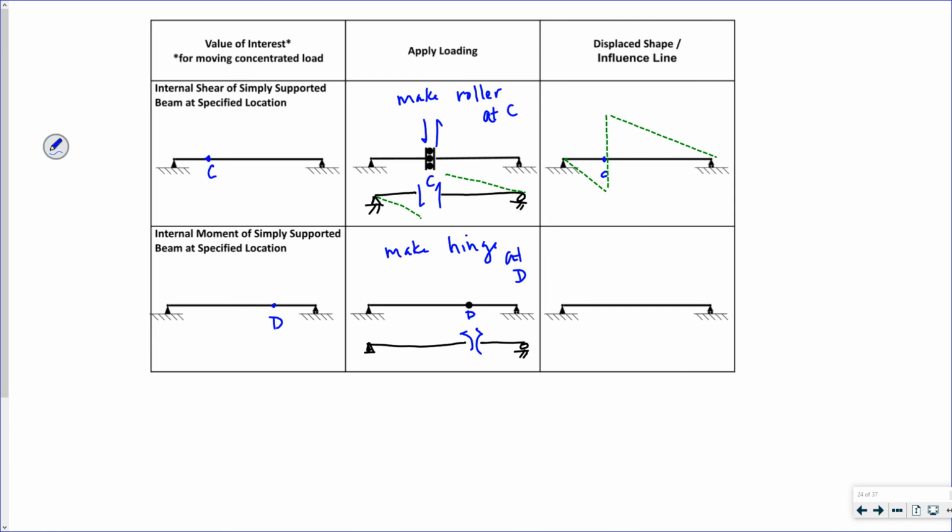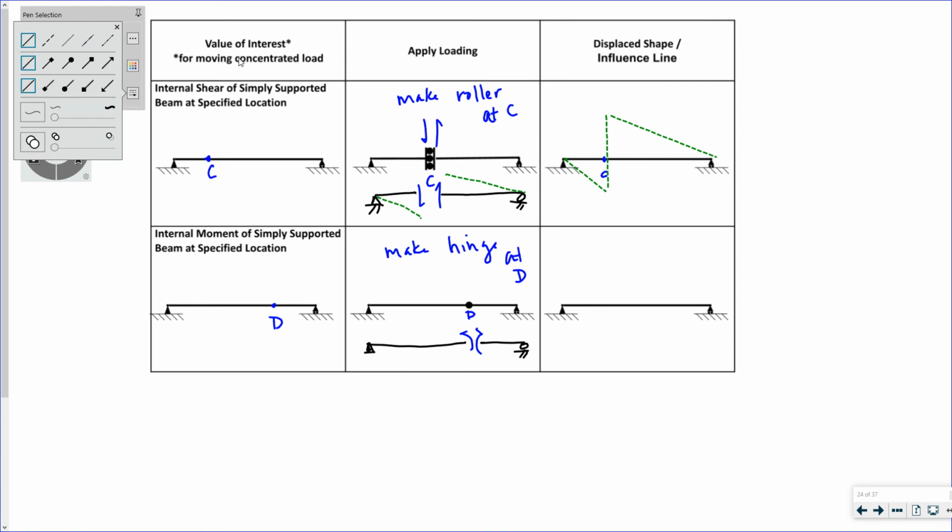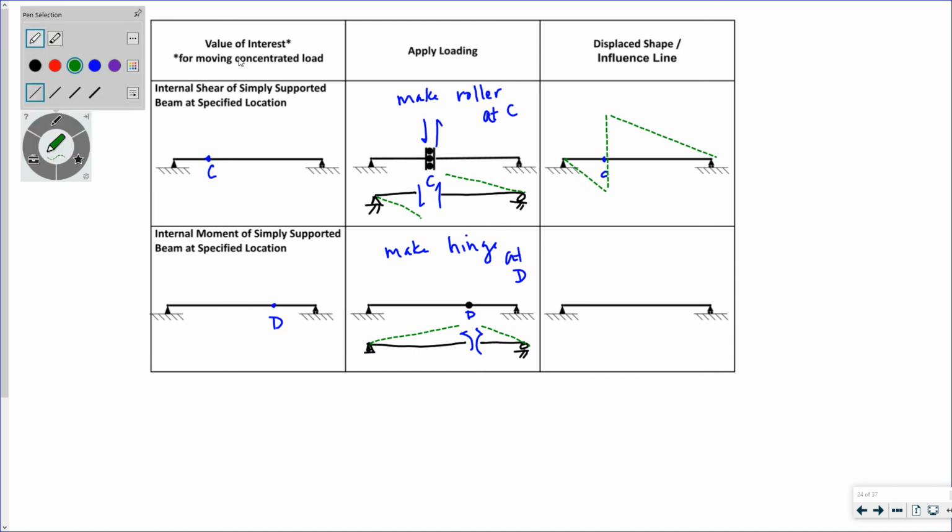What would that look like? If I applied that moment, it's still holding on over at that support, so I would just rotate those two little pieces up if I applied a moment. So if I wanted to look at that, D is like right here.